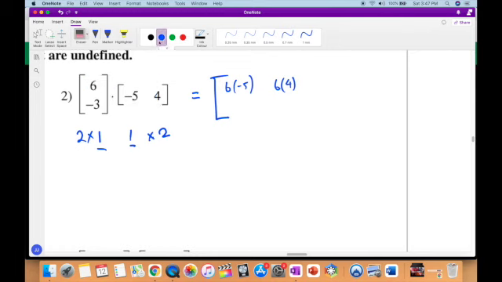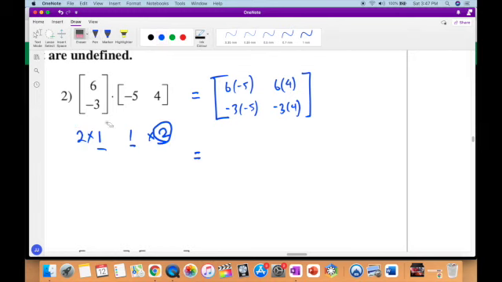Now I'm going to take the second row and multiply it by the first column, negative 3 times negative 5. And I'll take the second row and multiply it by the second column, which is negative 3 times 4. So you could see here that this is a 2 by 1, this is a 1 by 2, and the answer we'll get will be a 2 by 2. And you can see how this works out to be a 2 by 2.